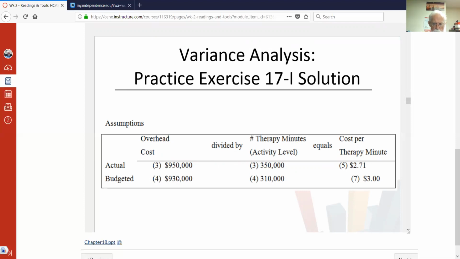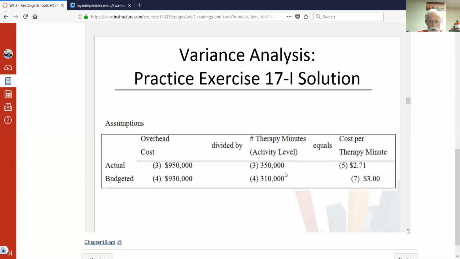Our budgeted was 930,000, and the budgeted cost was 310,000. So our cost per therapy minute was to be $3 a minute. So what we're looking at is the actual cost us less per unit.